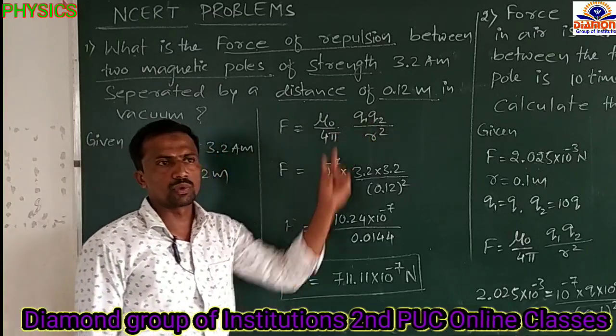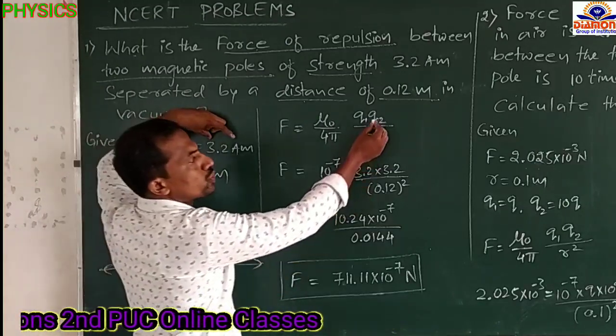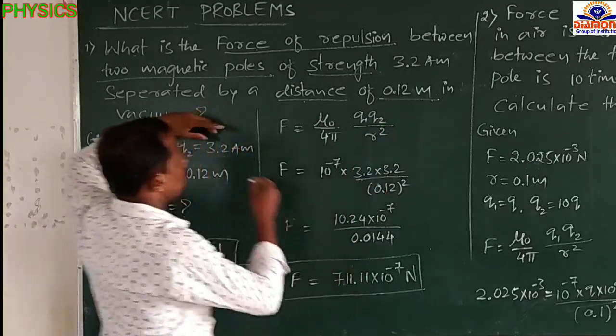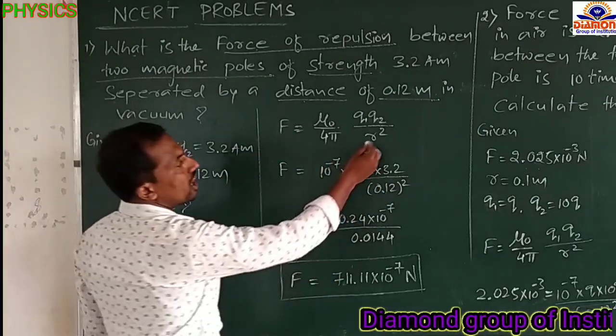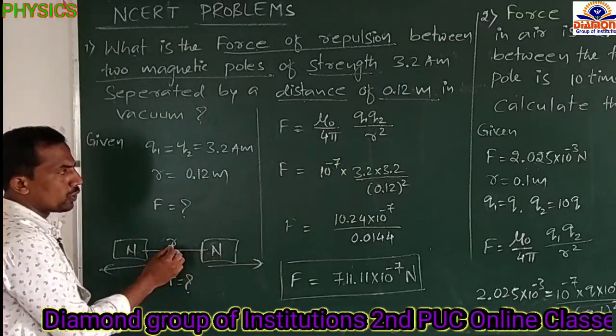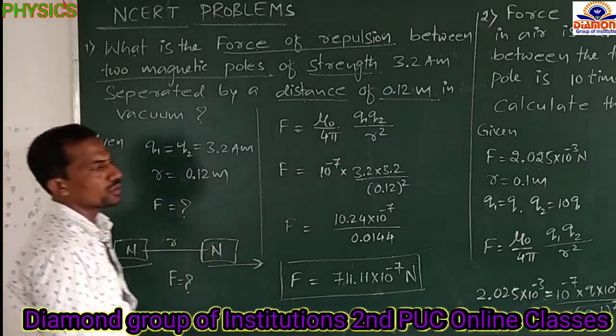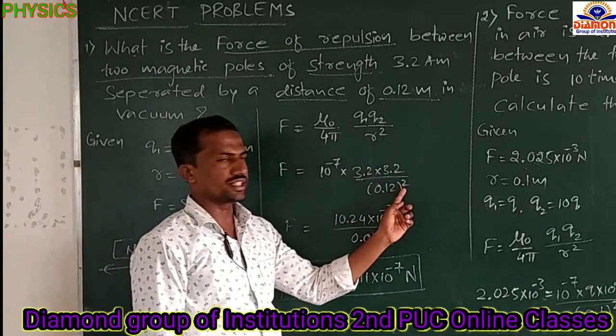Q1 is the pole strength, here 3.2. Q2 is the pole strength, here 3.2. Then r square, where r is the distance between the two poles, 0.12 meter. Square is as it is.